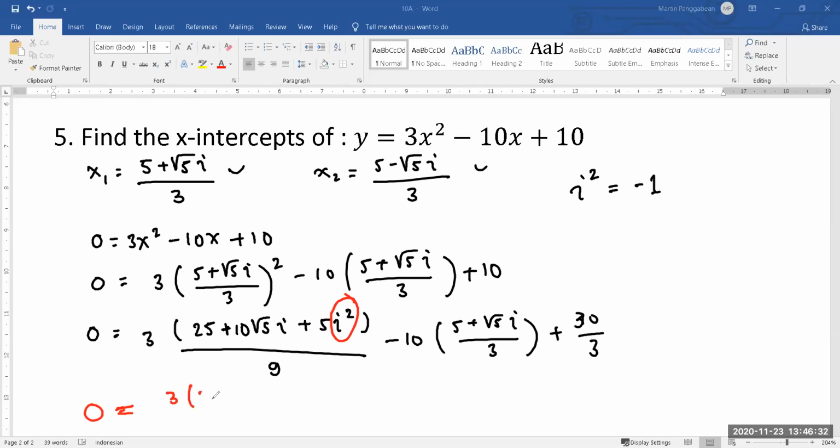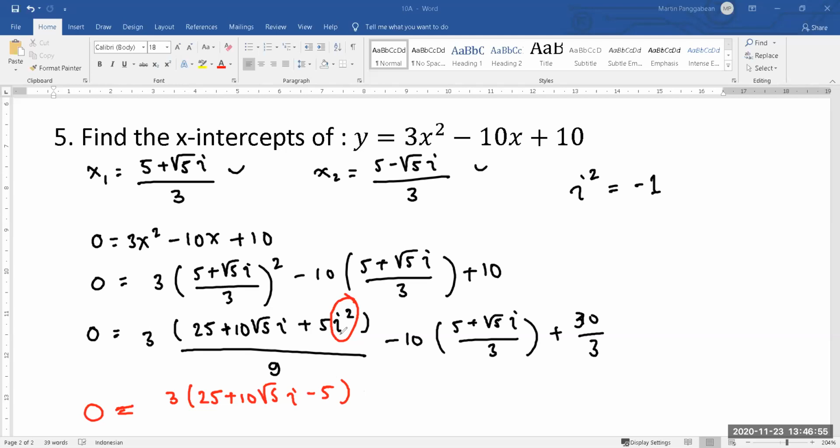3 times 25 plus 10 square root of 5i. Wait, there is no 3. And then minus 5.